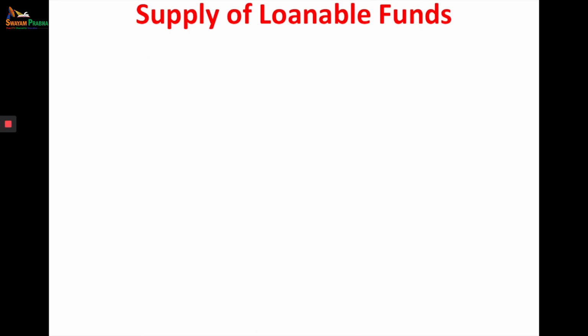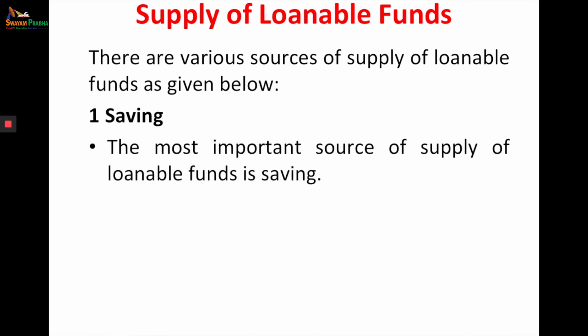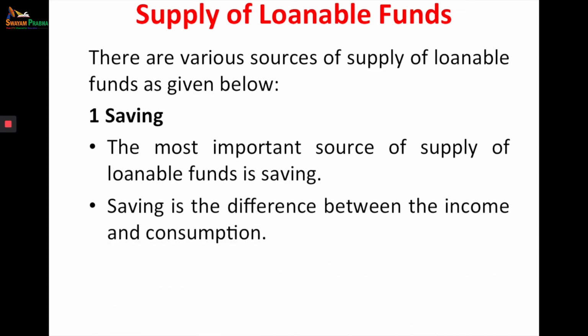Supply of loanable funds, the second part. There are various sources of supply of loanable funds which are given below. For example, first is saving. The most important factor affecting the supply of loanable funds is saving.